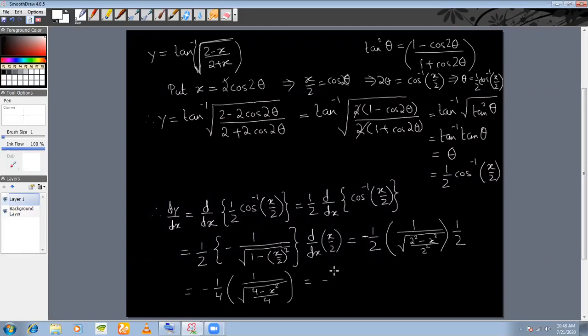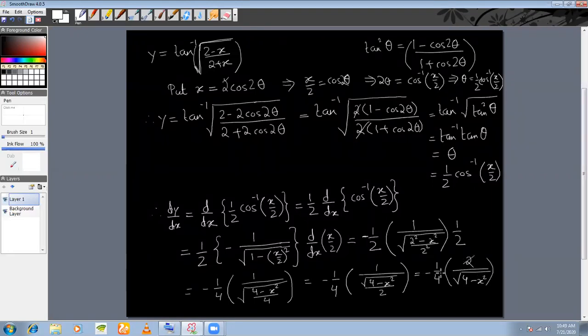Which is equal to minus 1/4 into 1 by square root 4 minus x square divided by 2, which is equal to minus 1/4 of 2 by root 4 minus x square.